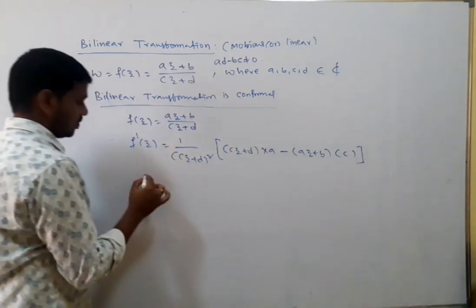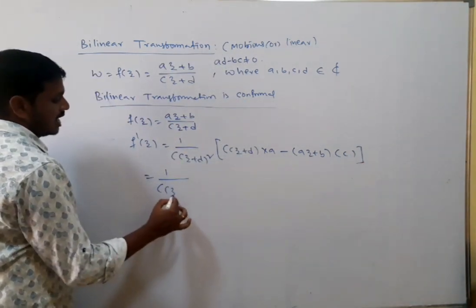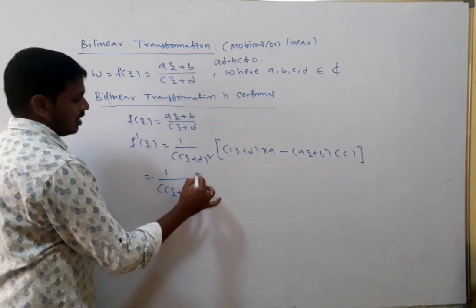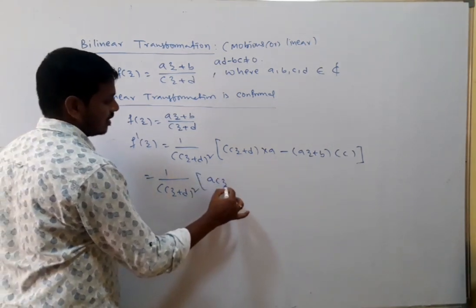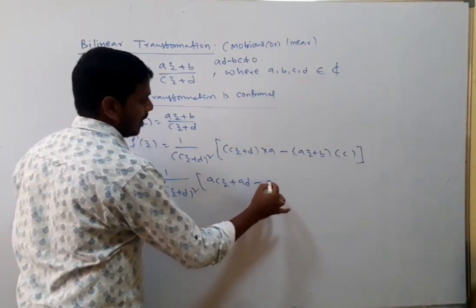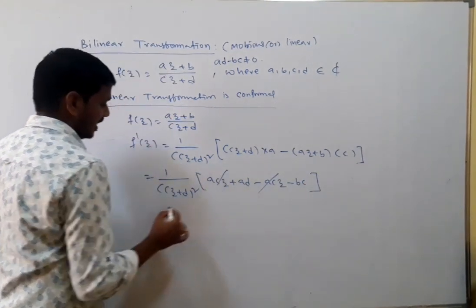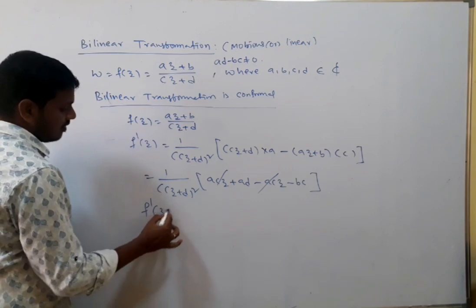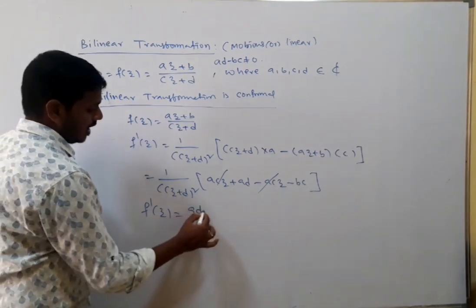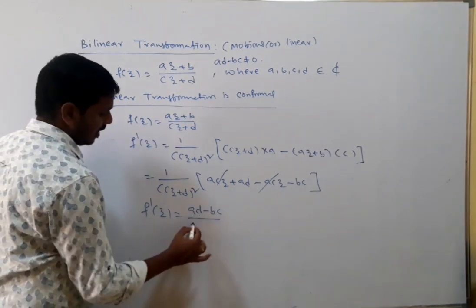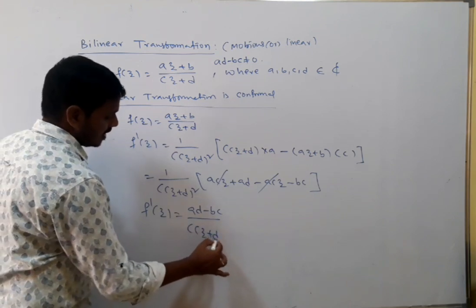So it is equal to 1 by (cz plus d) whole square into (acz plus ad minus acz minus bc). acz gets cancelled. We have f dash of z is equal to ad minus bc divided by (cz plus d) whole square.